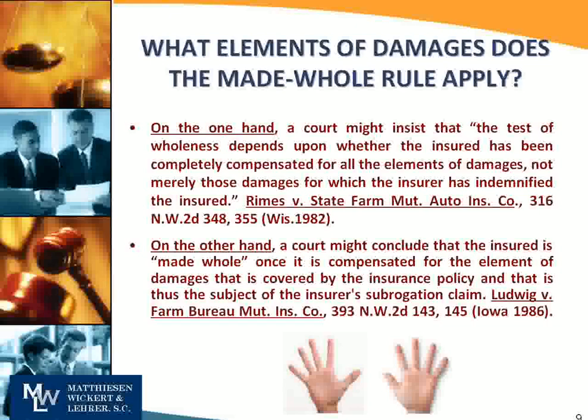And obviously we run into problems when cases are settled without an allocation between the different categories. But in cases that go to a verdict, all these different categories of damages are going to be put on the verdict form, and so the jury is going to award.